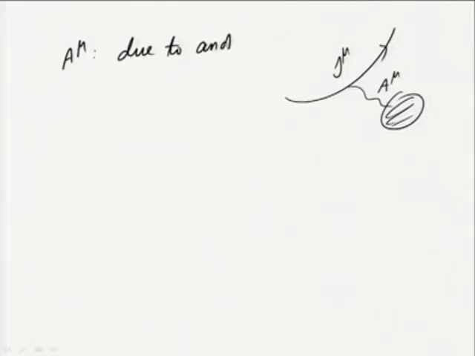Pictorially, this can be written as a current J mu interacting with an electromagnetic field represented by A mu. In particular, this A mu could be due to another charged particle.